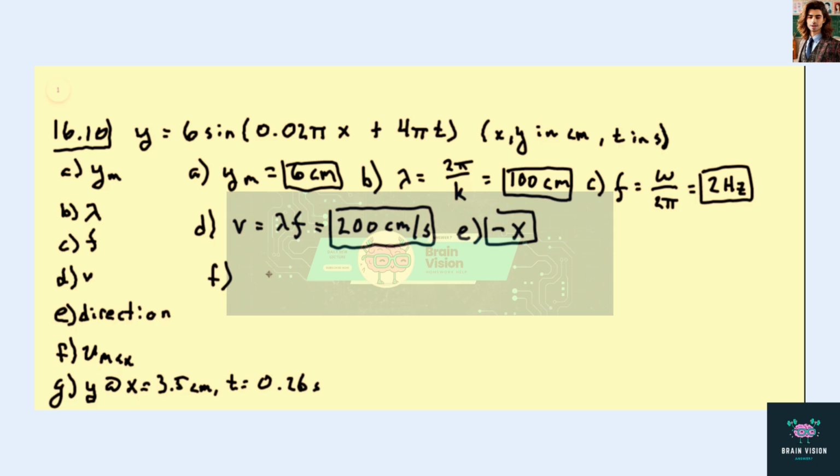So the maximum transverse speed. Well, the transverse speed is the time derivative of this. So you get an omega y sub m times a cosine, and again the cosine has a maximum value of 1. So you just set it equal to 1.